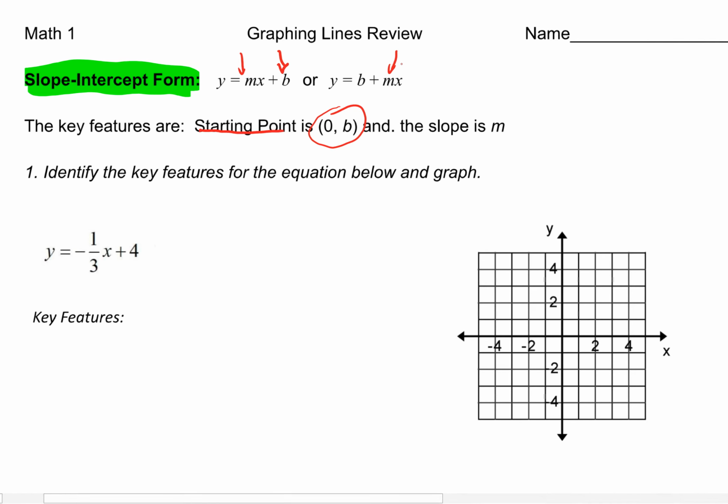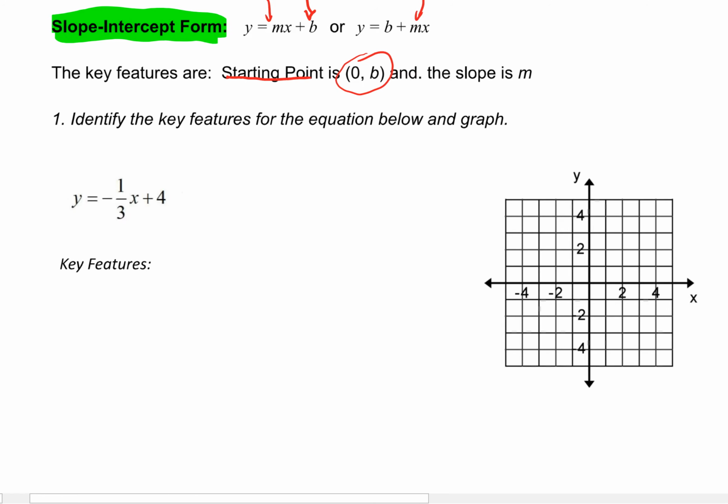So let's just go back and take a look at a problem as we read the instructions here. Identify the key features below and then graph. Remember, again, if we had y equals mx plus b, we can see our b is going to be right here.